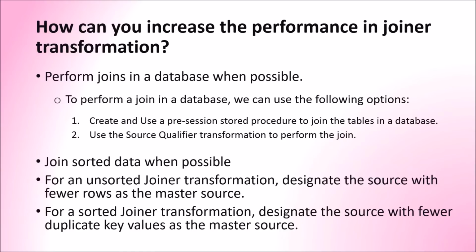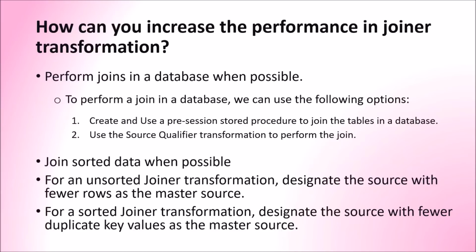Or suppose you are using an unsorted joiner transformation: if you keep the table with fewer records as the master source, that is, the table having very few rows, you can improve the performance of the joiner.